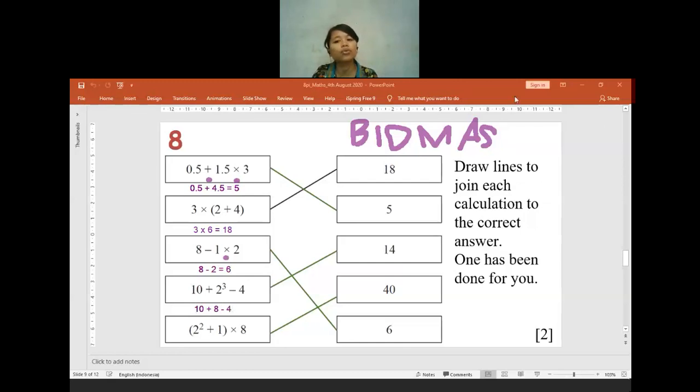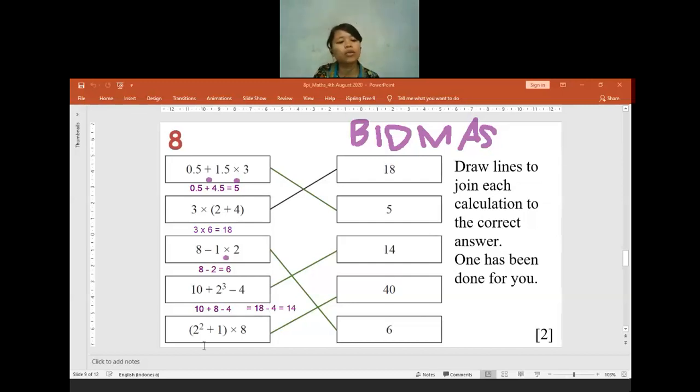We have to do it from the very left one. Whatever comes first, we do first. So we have to do the addition first. 10 plus 8 is equal to 18. 18 minus 4 is equal to 14.